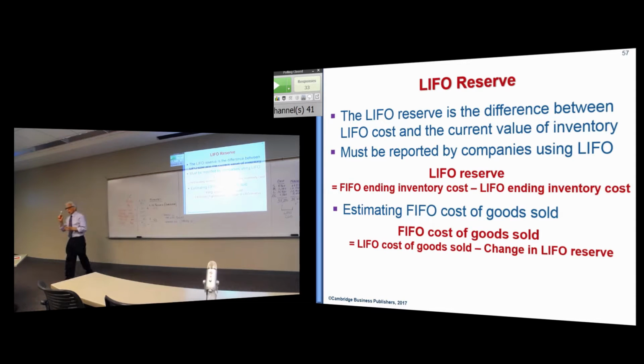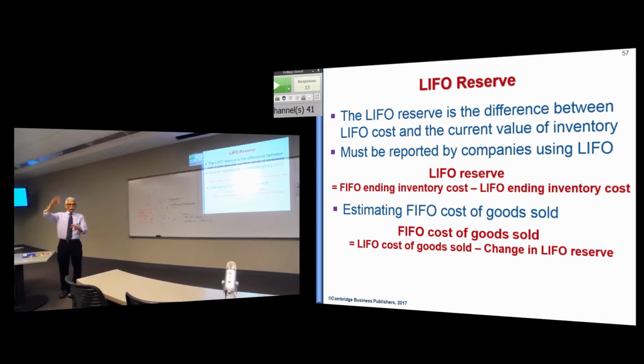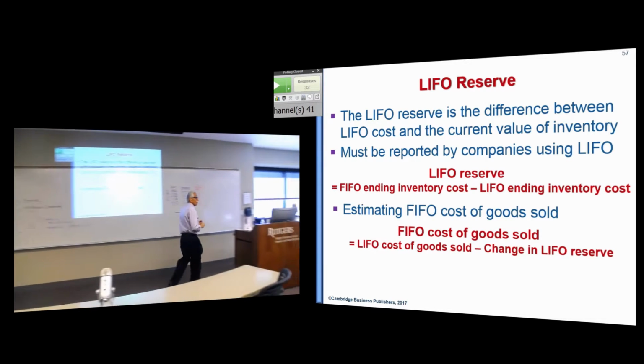If the reserve goes up, you're getting what you want out of LIFO. What are you getting? Higher prices, quantities are going up, the reserve is growing, that means you're getting more tax benefit. Multiply that by 35%, that's the specific benefit for that year. You multiply the reserve itself by 35%, that's the cumulative benefit that you're getting over the life of the use of this method.